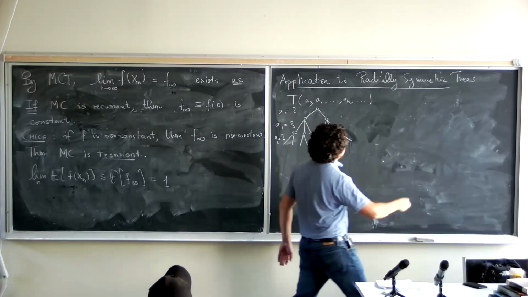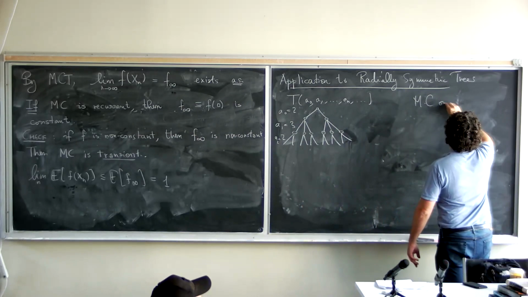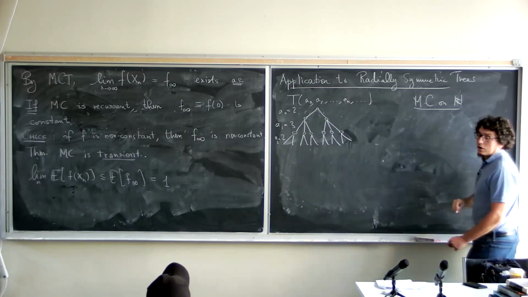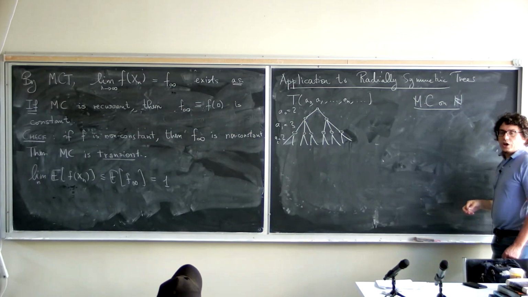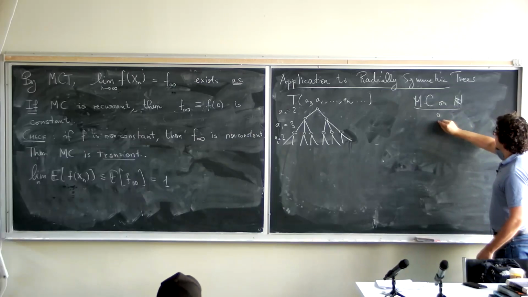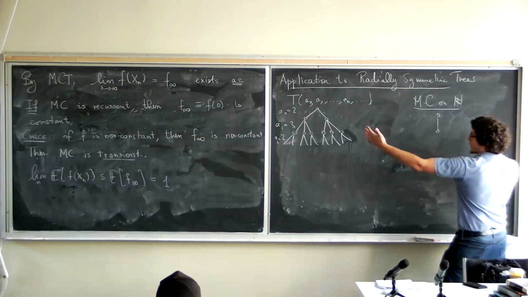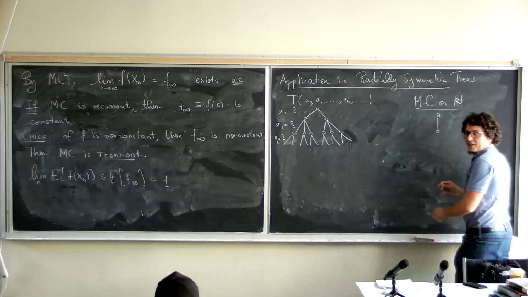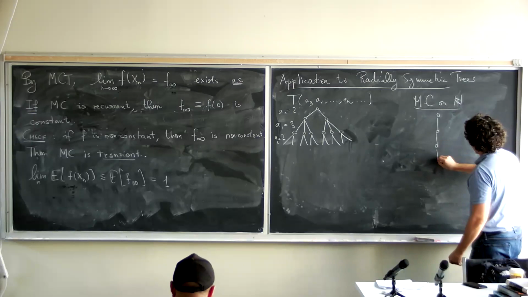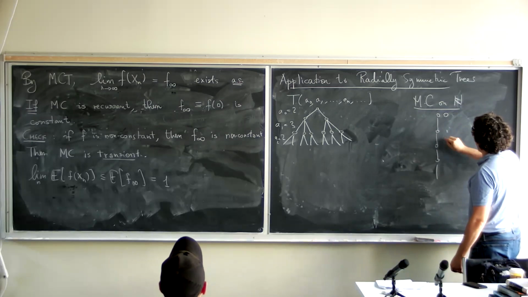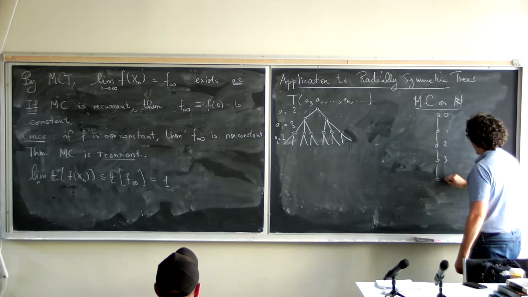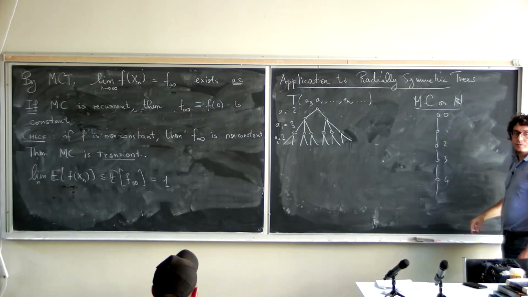And we want to construct a Markov chain on N. Well, it's pretty clear what you do now. You take the distance. It's like we're collapsing the tree to just a half line. So you have 0, 1, 2, 3, 4, and so forth.